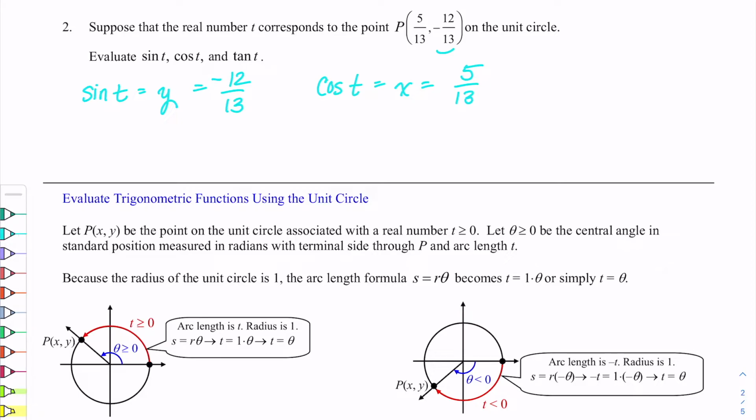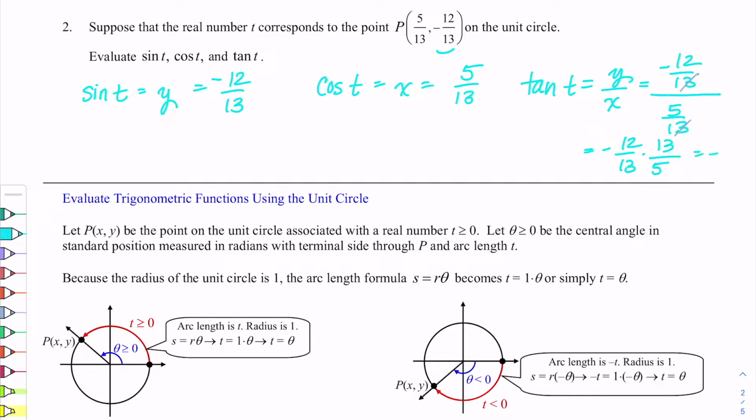And then the tangent of t is going to be y over x, and that is going to be negative 12/13 divided by 5/13. You can multiply those together by reciprocating that denominator, or some students just realize you can cancel the denominators out on both of those.